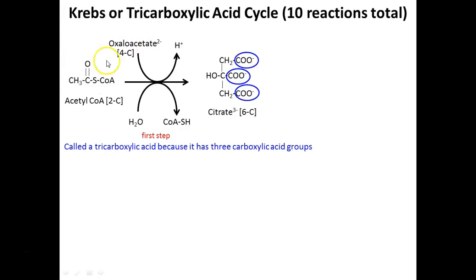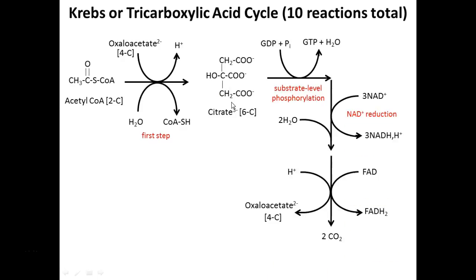So oxalate, which is a 4-carbon, combines with the 2-carbon acetyl-CoA from our gateway step, and we get a 6-carbon sugar back. So this is simplified, right? Doesn't show you all the steps, but you can see we have more substrate level phosphorylation. Sometimes it's GTP instead of ATP, but again, it's a very similar molecule.